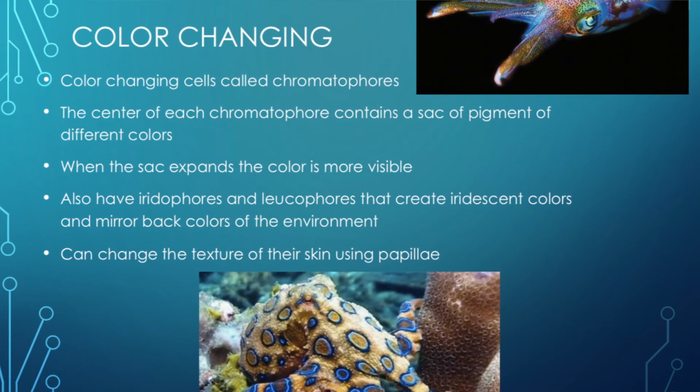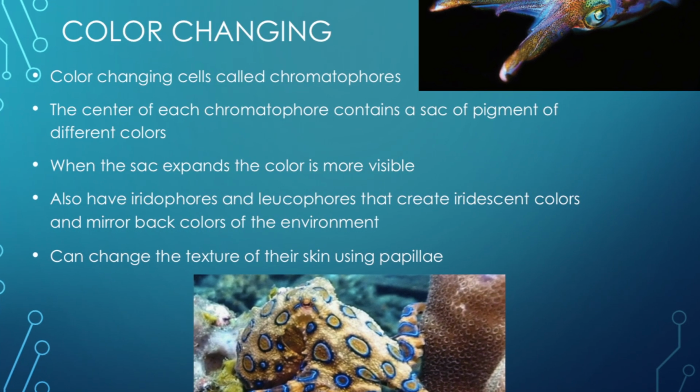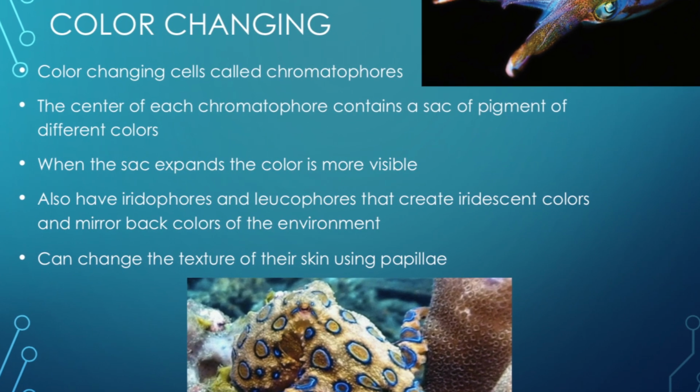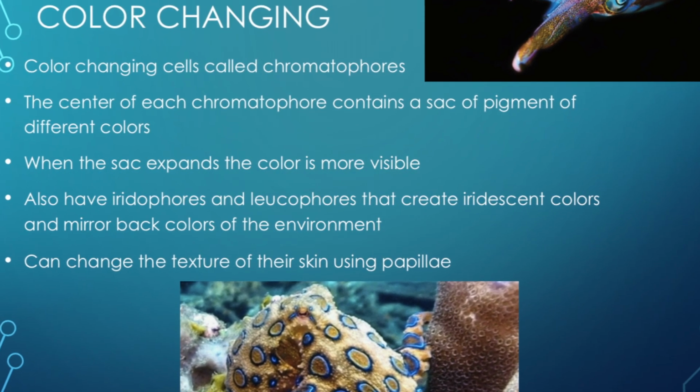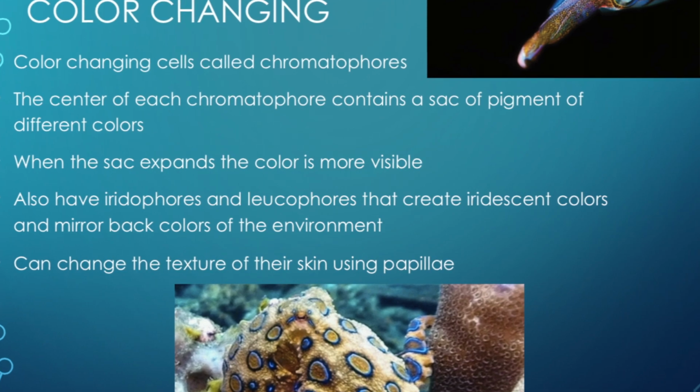Before I talk about the individual species, I want to talk a little bit about how they change color, because it's really cool. So again, guys, they are colorblind and they can't really see color. They have these color changing cells called chromatophores. So they have these cells in their skin, and each chromatophore contains a sac of pigment with different colors.